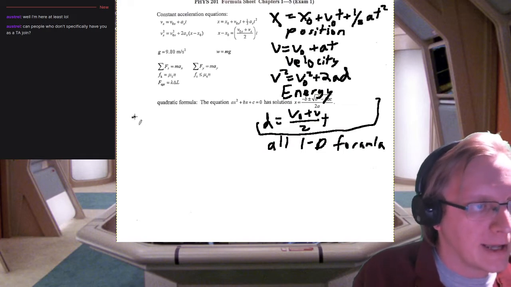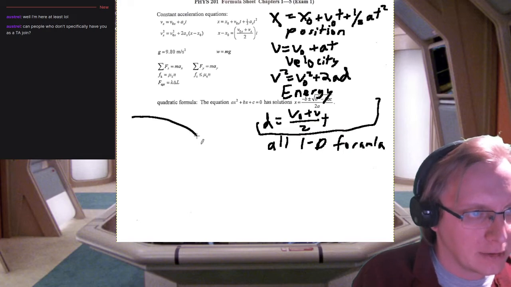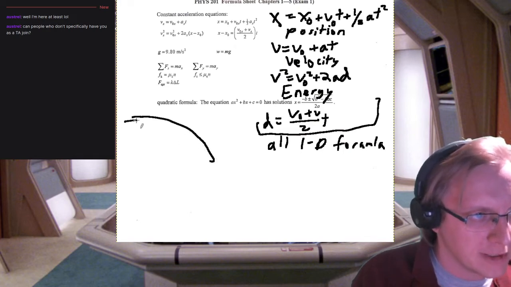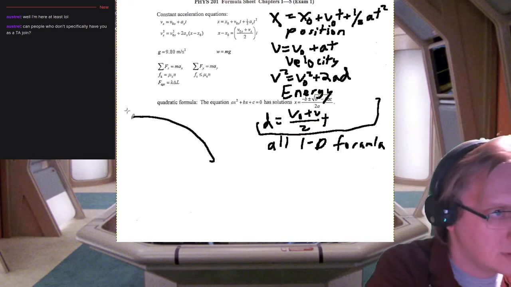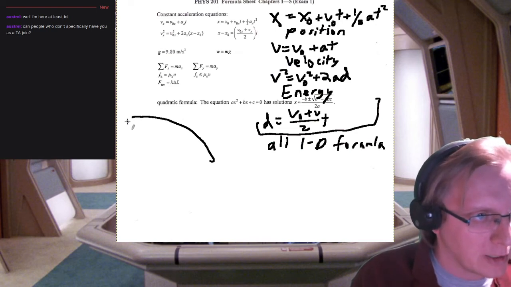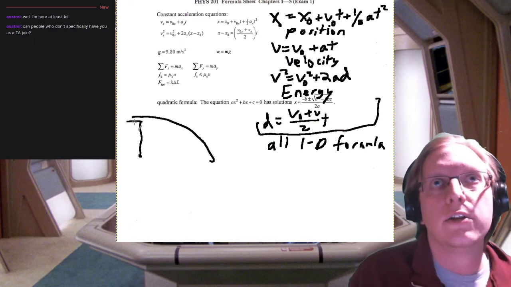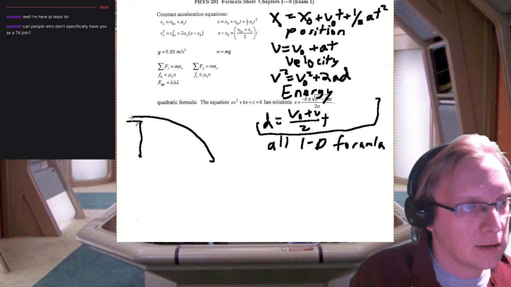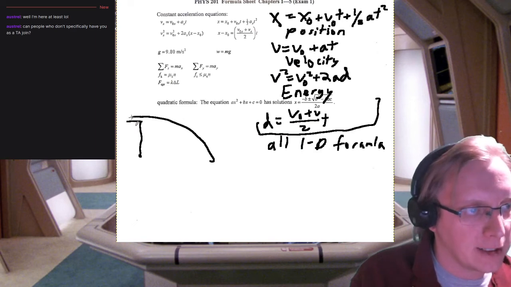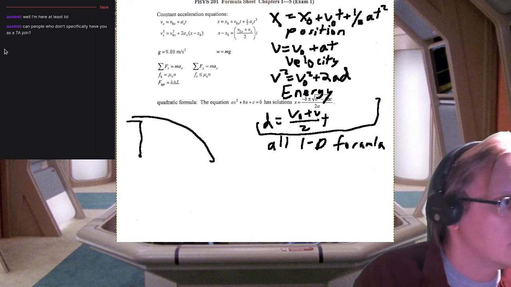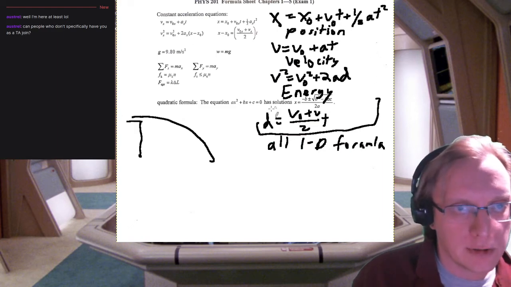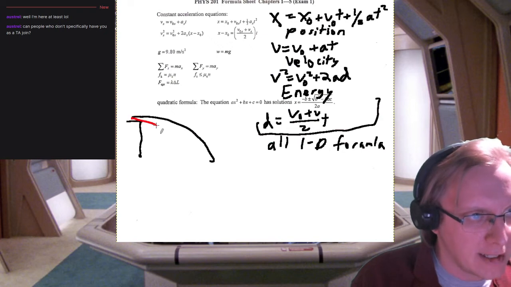So if we have a ballistic trajectory, a thing comes off the top of a cliff for whatever reason. Make it a little more square. There we go. And there might be a question like, how far is it from here to here?